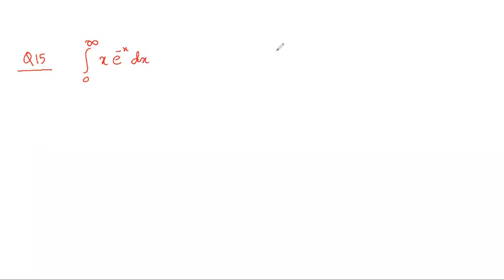So again, we'll go by the first minus integral of the derivative of first times integral of second method. LIATE, exponential is last. So this is the second function and this is the first function. Just try yourself. All of you try yourself.